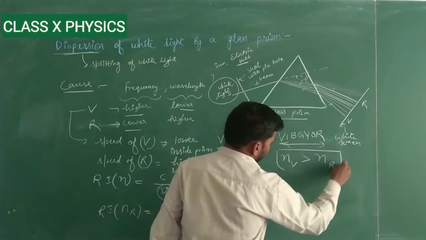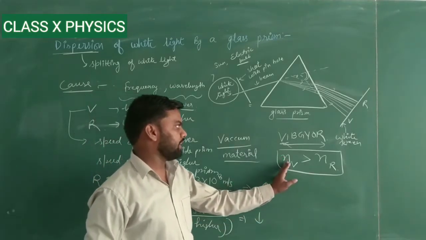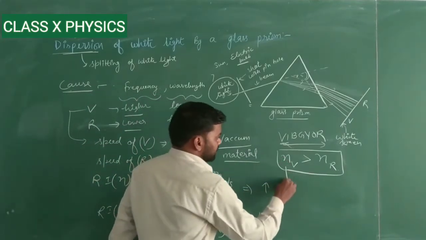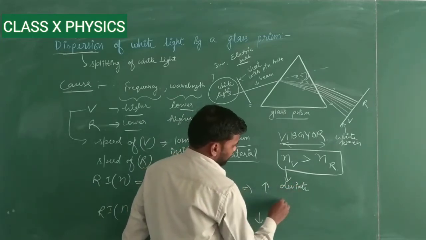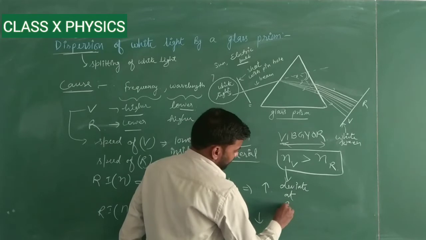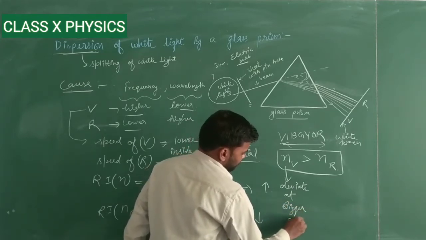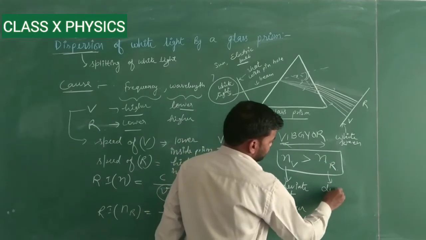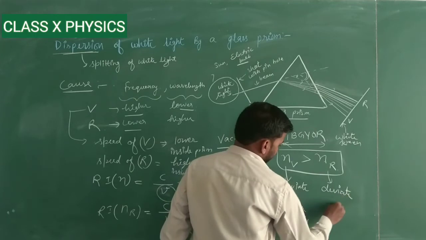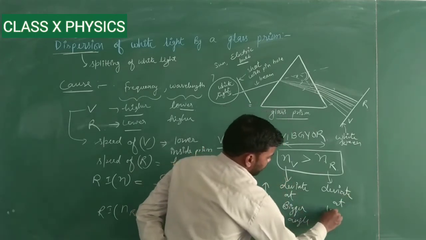Now what is the meaning of this equation? If the refractive index is higher, it will deviate at a bigger angle. If the refractive index is lower, it will deviate at a lower angle.